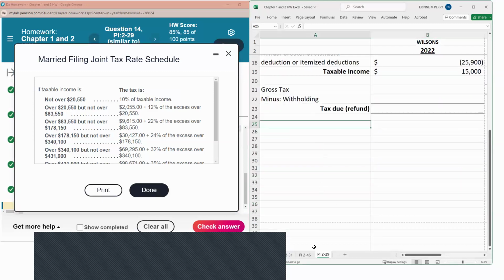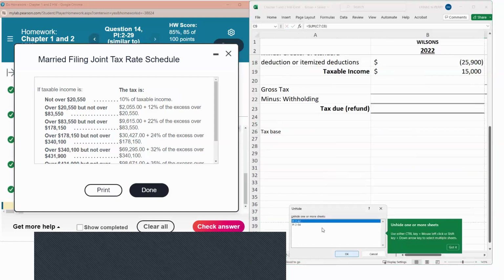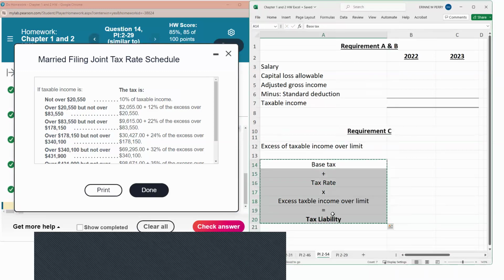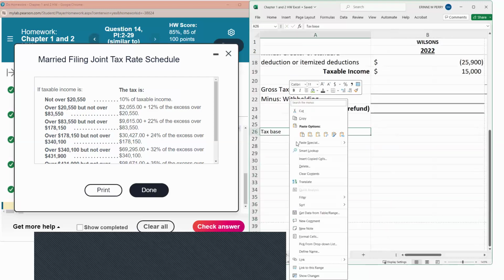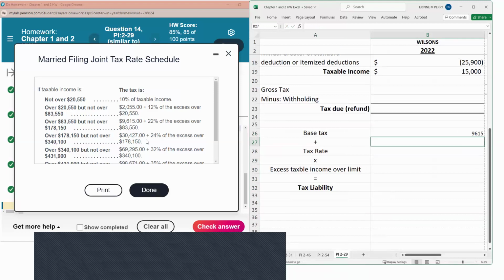So it would essentially be the tax base. The base tax in this case is 9,615.